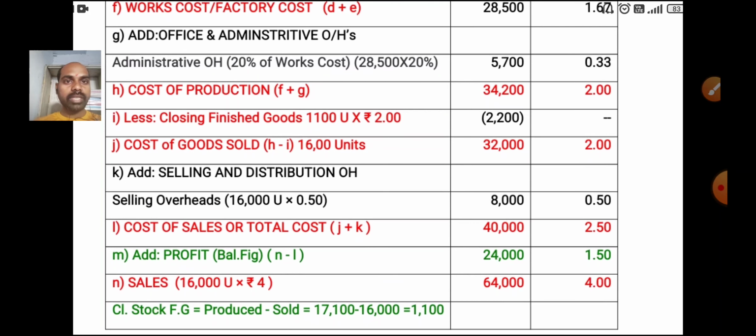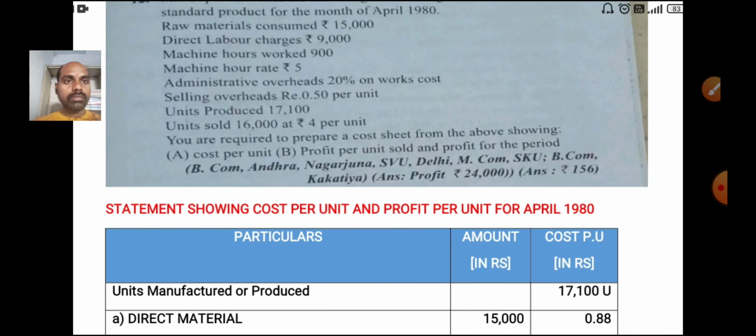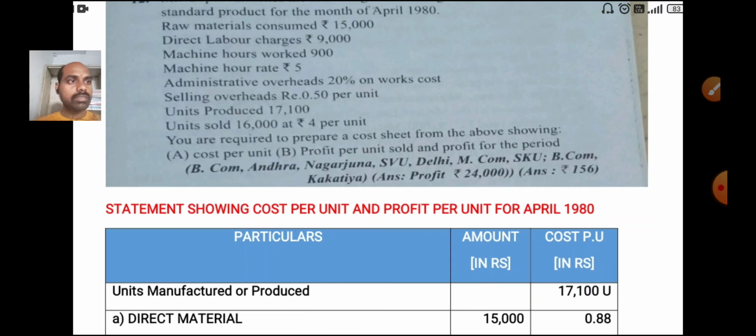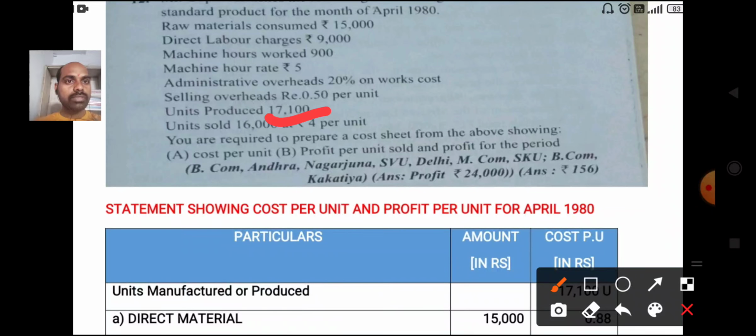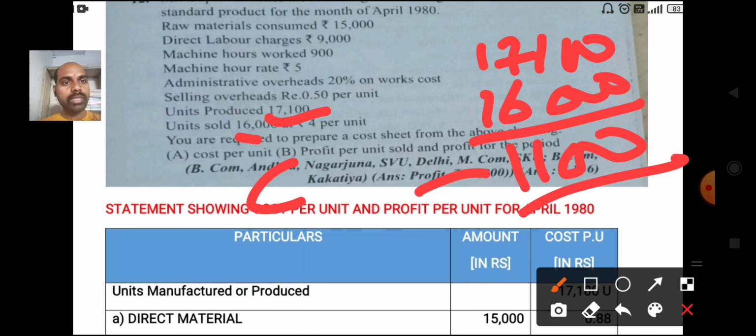यहाँ पे ट्विस्ट एक ही चीज़ है, that is, नंबर ऑफ यूनिट्स सोल्ड एंड नंबर ऑफ यूनिट्स produced, there is a difference between 17,100 and 16,000, so there will be closing stock of 1,100 that should be valued at cost of production. ये पॉइंट आपको याद रहना प्रॉब्लम सॉल्व करते वक्त, बाकी पूरा आसान है.